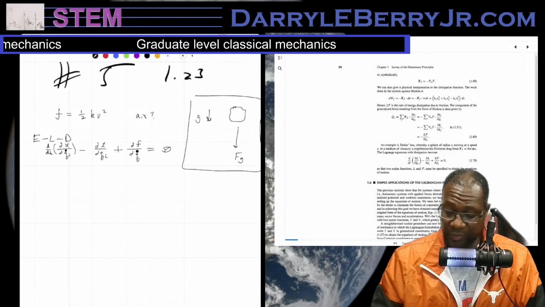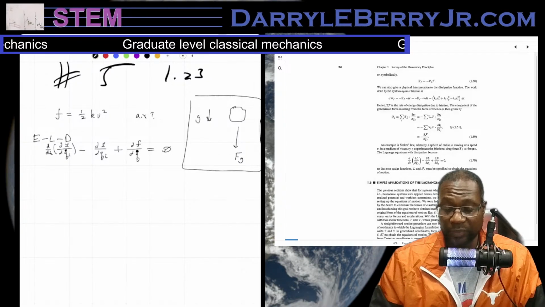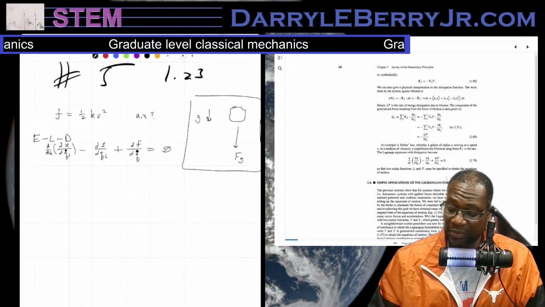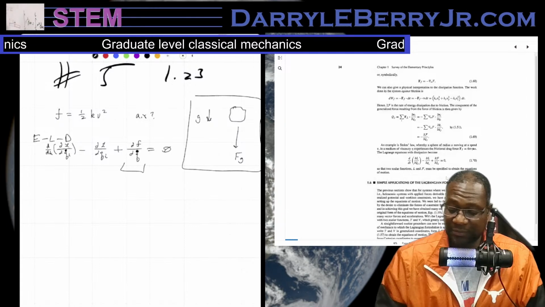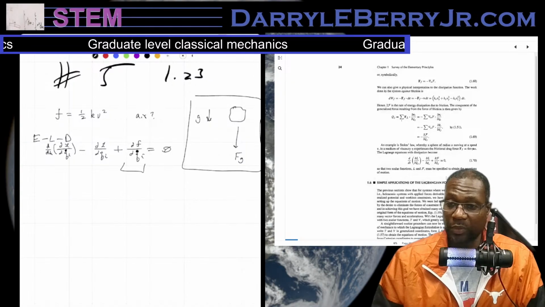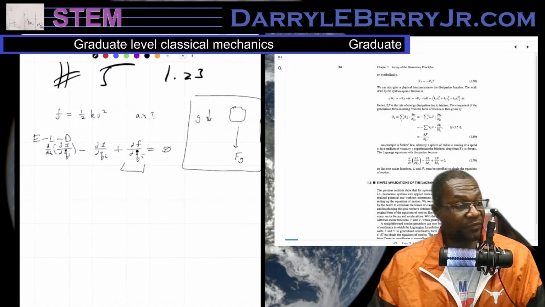So in order to solve this equation with dissipation forces like friction forces, air resistance, we need to have one more term, the derivative with respect to the dotted generalized coordinates of the dissipation function.